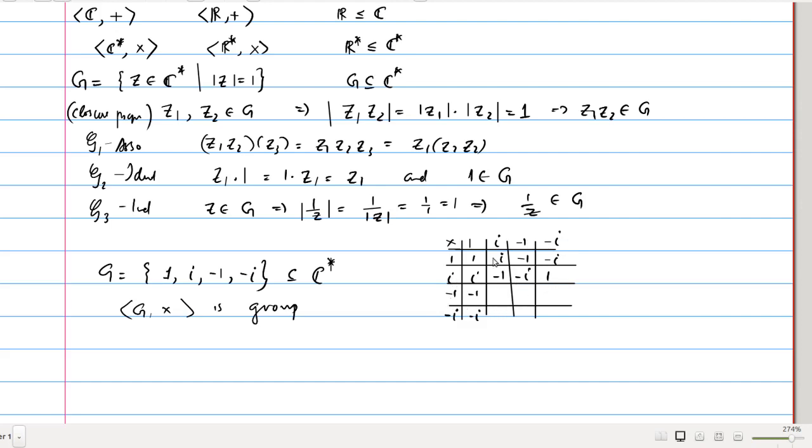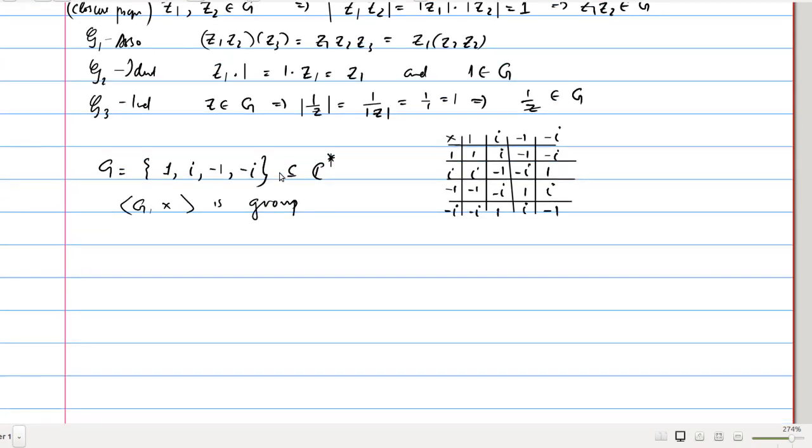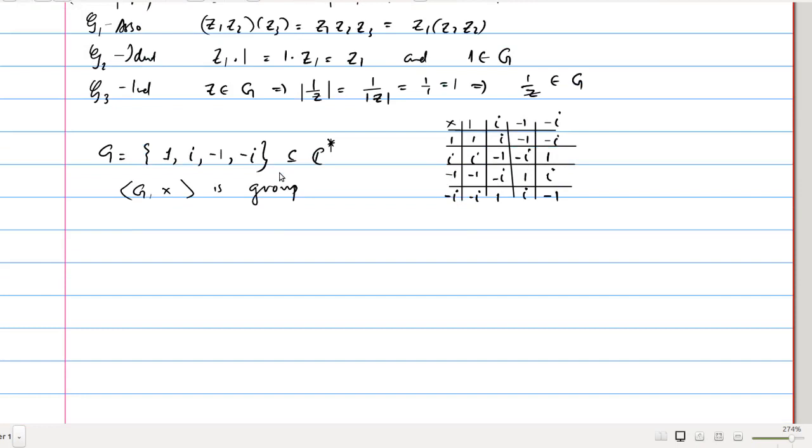Now minus 1 times I is minus I, minus 1 times minus 1 is 1, minus 1 times minus I is equal to I itself. Then minus I times 1 is minus I, minus I times I is equal to 1, minus I times minus 1 is equal to I, and minus I times minus I is minus 1. This is the group table corresponding to this group G. If G contains a comparatively smaller number of elements, then you can easily construct the group table as well.